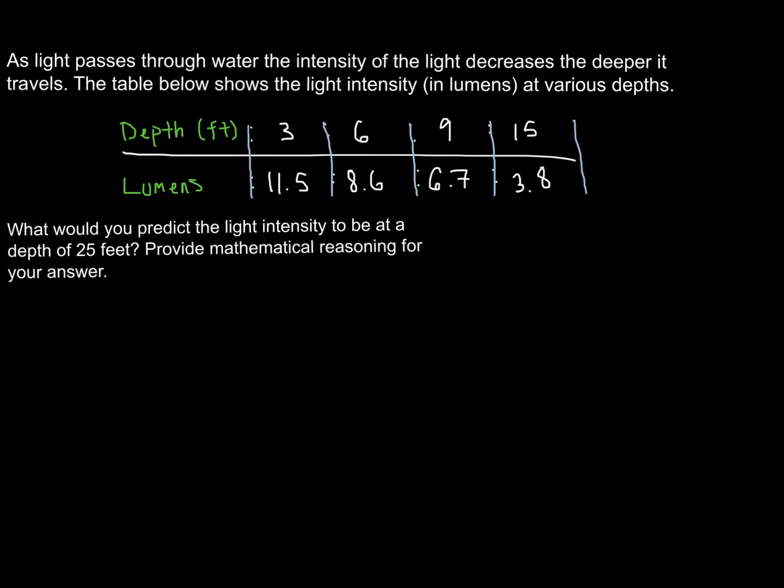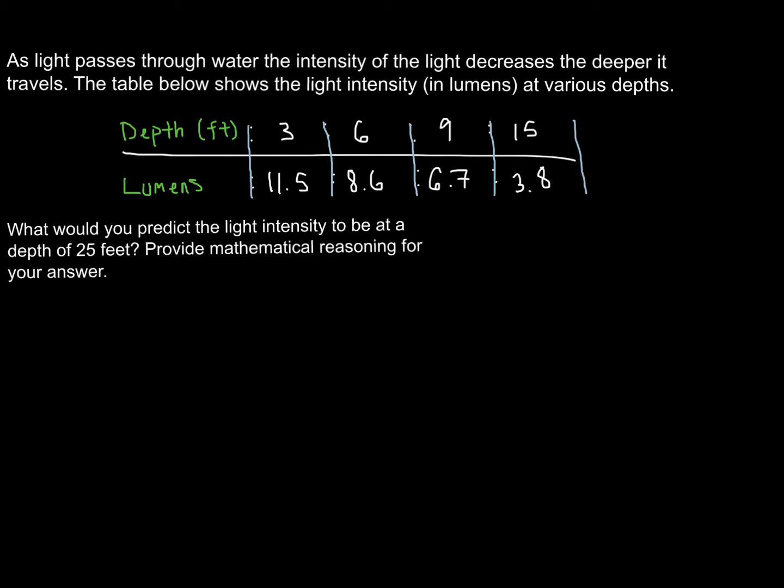To get us started, here is a plan that we could use. We want to find a way to model and figure out the pattern that we have in these given points.